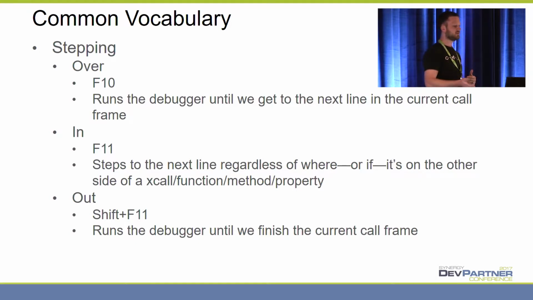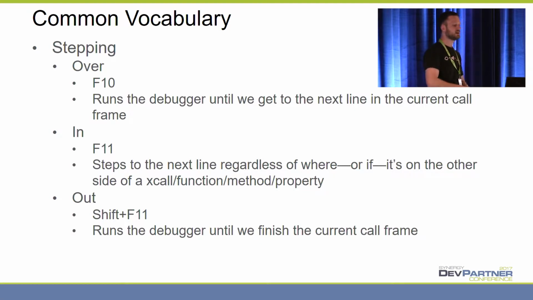F11 and F10 work very similarly if there's not a call on the line that you're currently running, right? It runs to the immediate next step regardless of where it is. So if it's just A equals B, B equals C, and you're on that first line and you press F11, it doesn't really have anywhere to go other than the next line. So it's a small distinction.